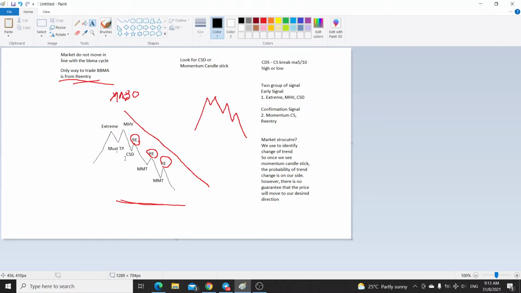So the trend change is confirmed when you see a momentum candle here. Once the structure is really confirmed, the trend is really changing. This is the time we enter our trade here.